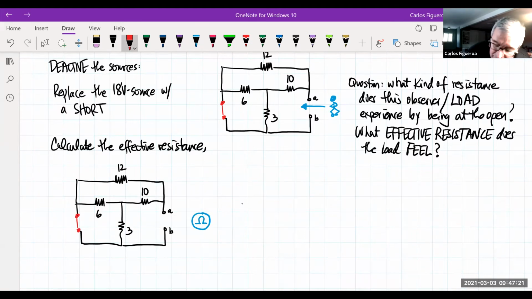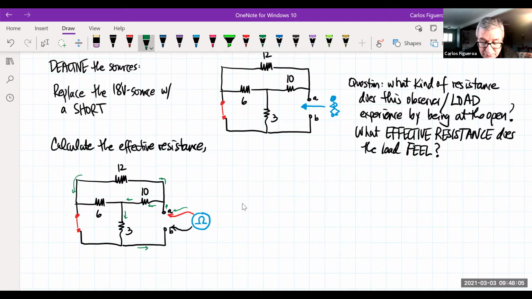You connect the probe here and the probe there. This is a white lie, but we're among friends anyways: the current comes out of the meter and follows the path. You could see that the current splits here and here, and you're taking the effective resistance that the load sees, or what the ammeter reads.